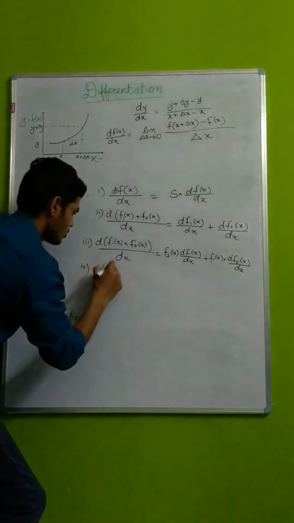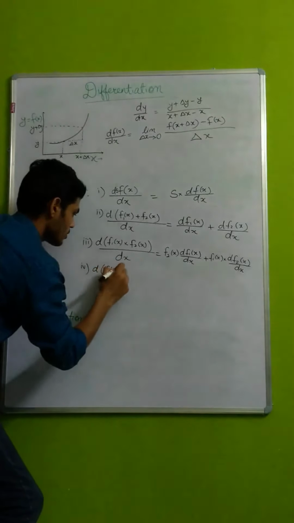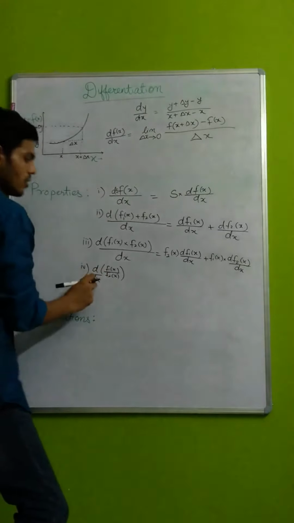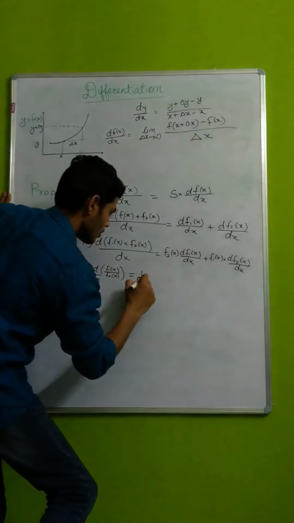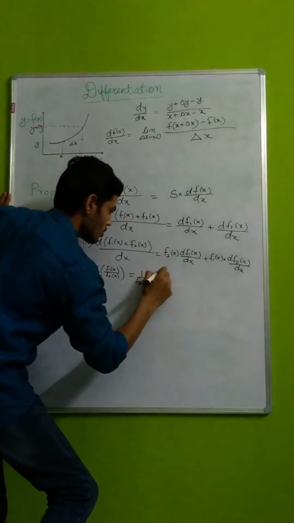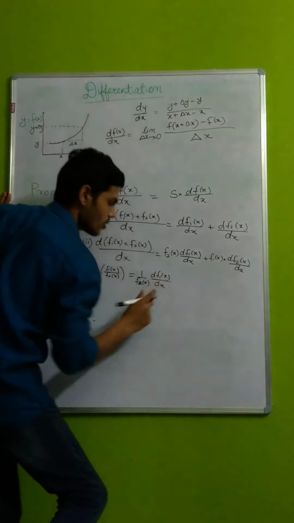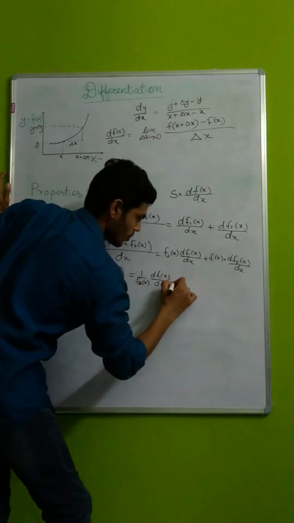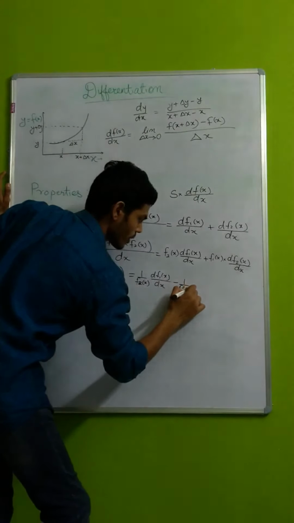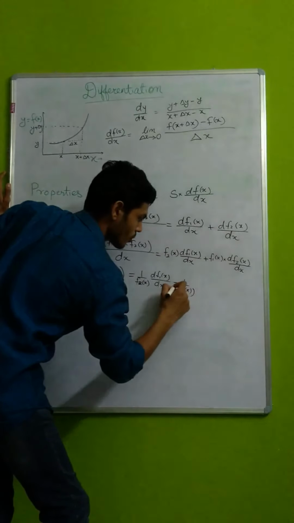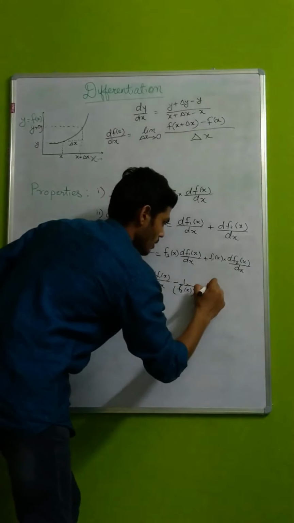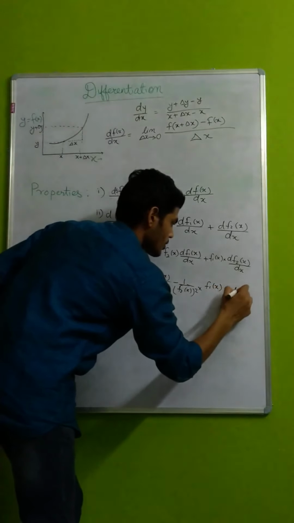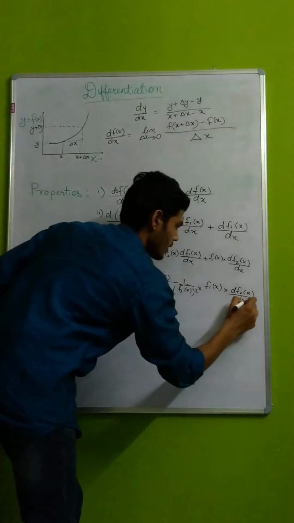Now what if differentiation of f1x by f2x with respect to variable x, it is simply written as 1 by f2x into differentiation of f1x with respect to x minus 1 by f2x whole square multiplied by f1x into differentiation of second function with respect to x.